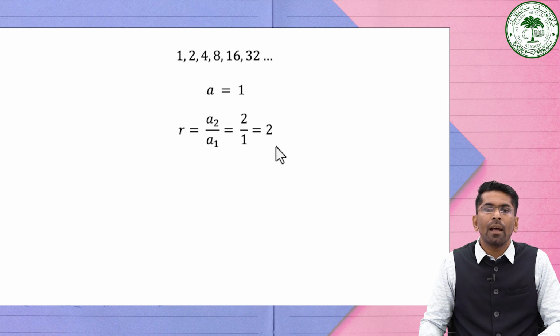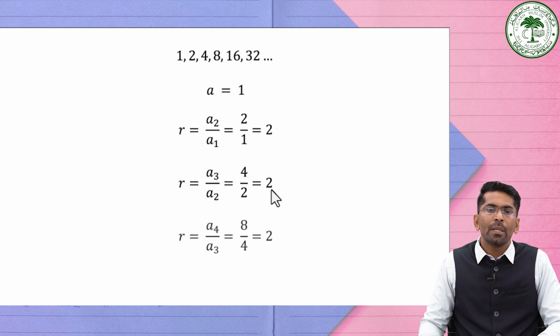Similarly, take the ratio of another two consecutive terms, a3 and a2. Here a3 is equal to 4, so 4 divided by a2, which is 2, equals 2. Similarly, the ratio of the next two successive terms, 8 divided by 4, is also equal to 2.